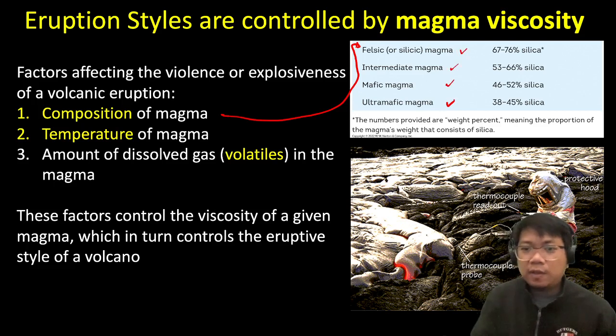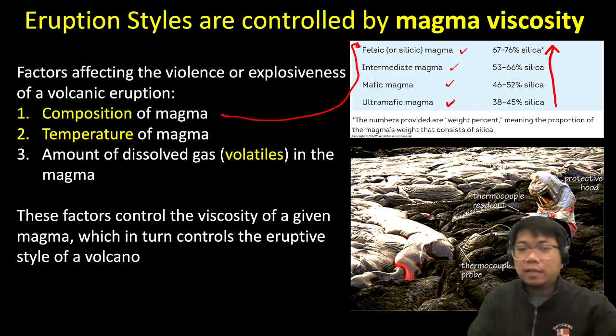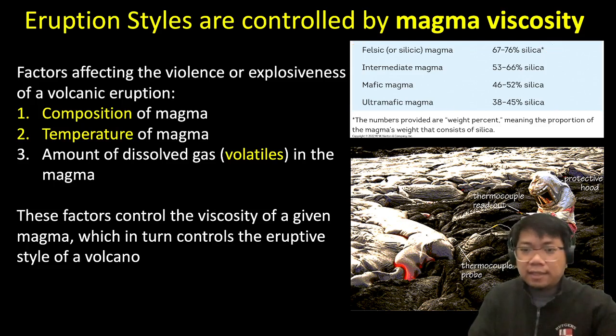And again, you will notice that it really depends on the amount of silica content within the magma. As you go from ultramafic to felsic, the silica content within the magma increases. So therefore, ultramafic has the lowest amount of silica, whereas felsic has the highest amount of silica.